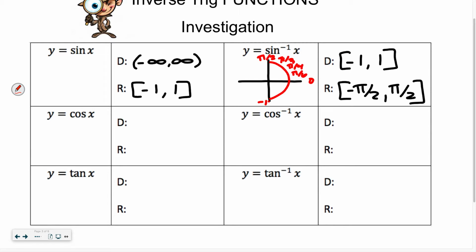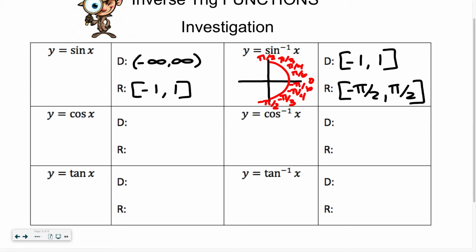And so you would give me -pi halves, -pi thirds, -pi fourths, -pi sixths. Those are the coterminal angles to 11 pi over 6, 7 pi over 4, and 5 pi over 3. But you're not allowed to answer those angles from the unit circle. So that's kind of weird. It's different now. But remember, mathematicians and we have agreed to use that one tiny branch. We're all going to use the same section of that branch for inverse sine.